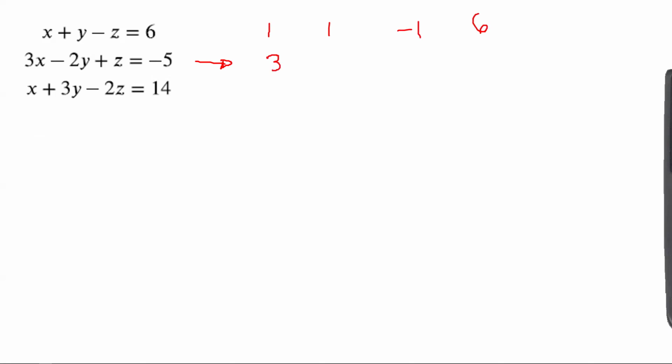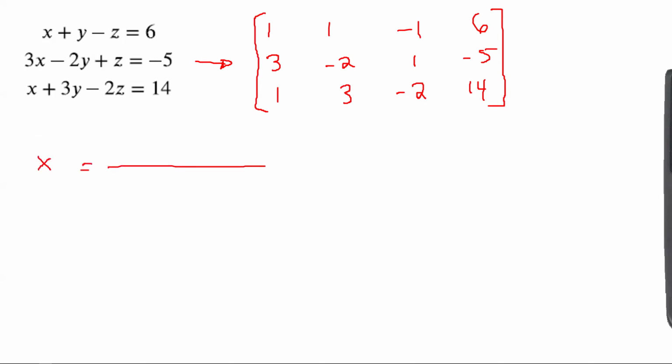And then I've got 3, negative 2, 1, negative 5, and 1, 3, negative 2, 14. Okay, so this one's a little bit bigger. There's our matrix, 3 rows, 4 columns, and of course on the bottom, I want the determinant of all of that stuff.